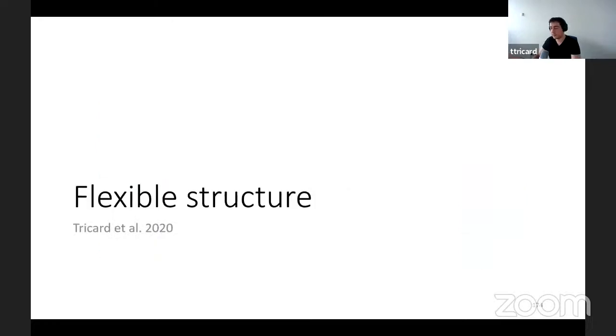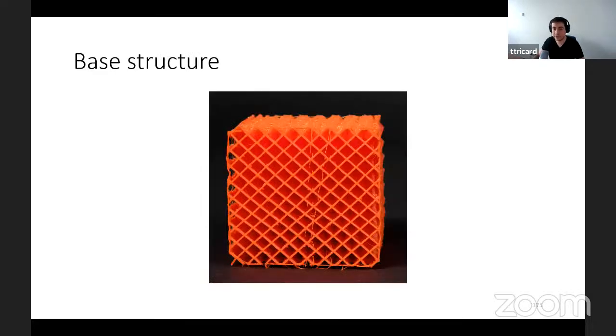So a second thing we wanted to do in this work was to work on more sparse structures that keep the idea of strongly oriented patterns, a bit like fibers. Our base structure to do that was this one, which is what we call a diamond shape structure.